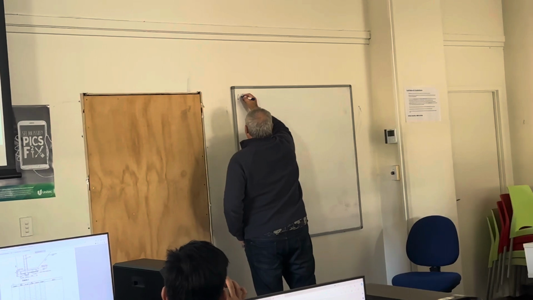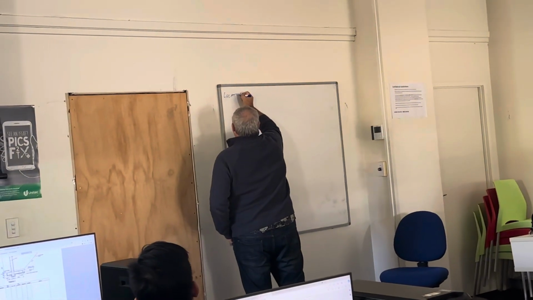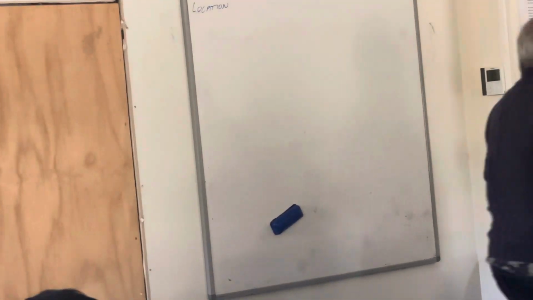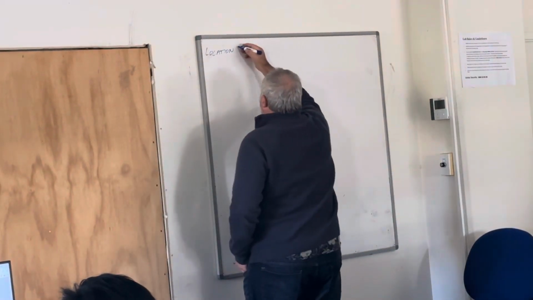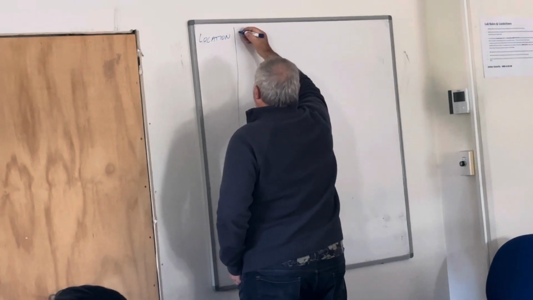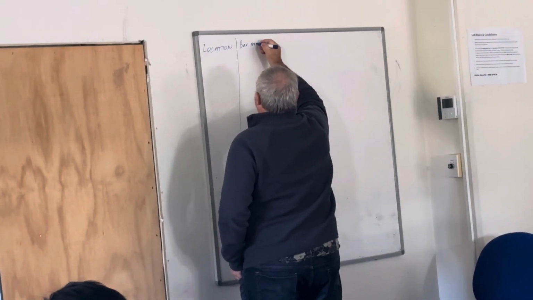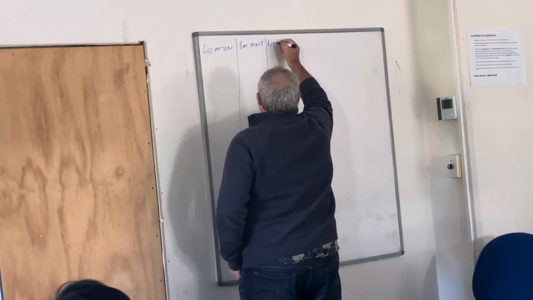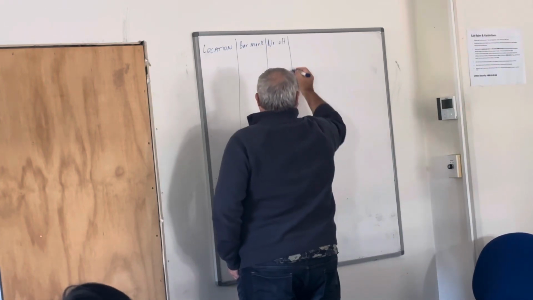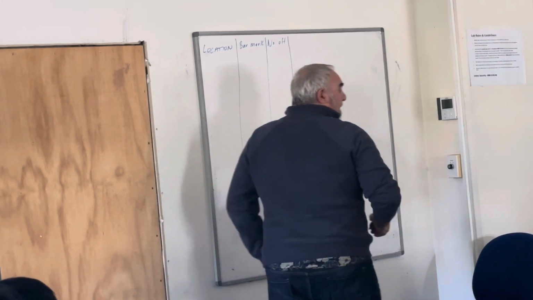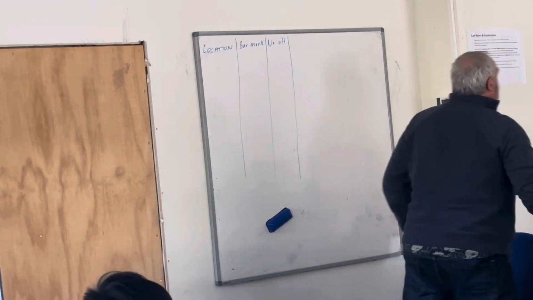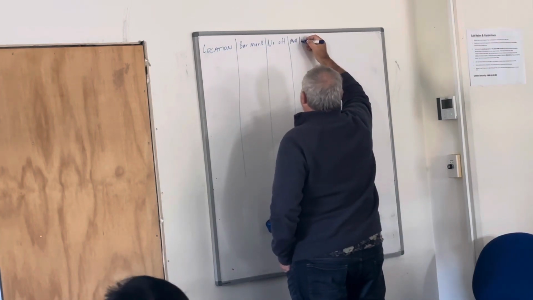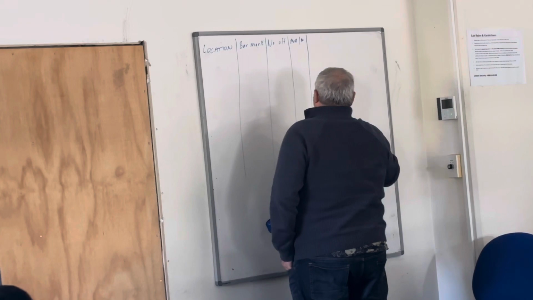Location. Bar mark, number off, bar length, mass per metre. This reinforcing is all about the weight.